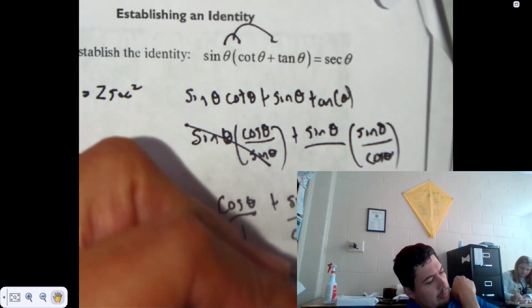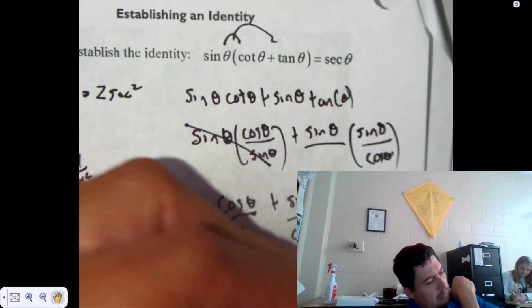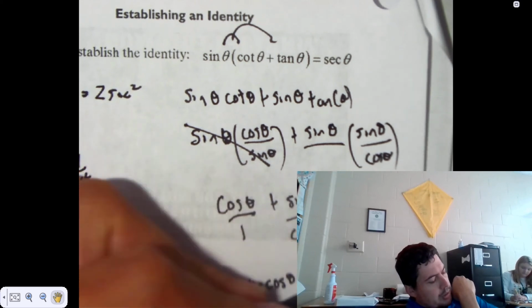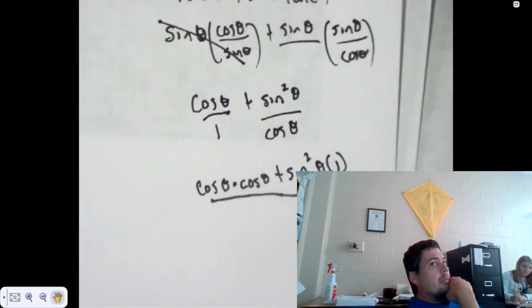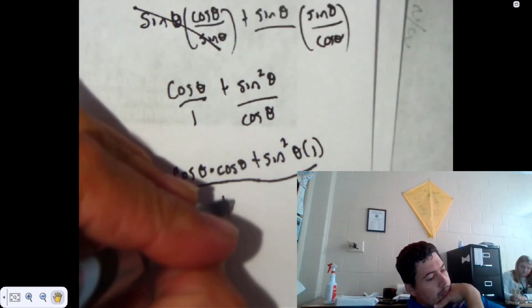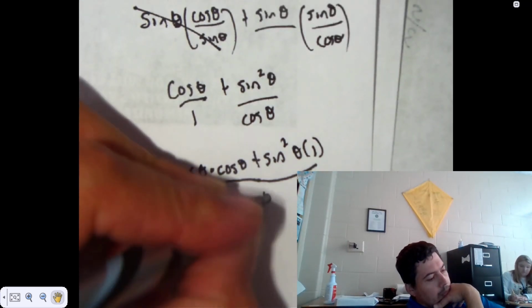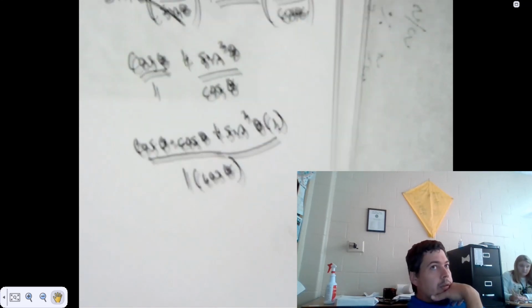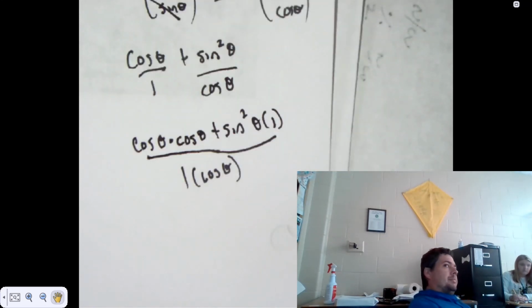I give it a 1. And what's the denominator going to be? The product of 1 and cosine, which is cosine. Well, I don't want to write too many more lines here. What's the top line say if you multiply your cosines together?